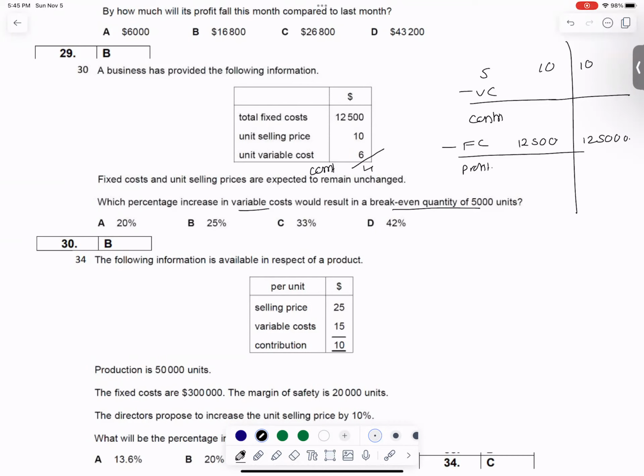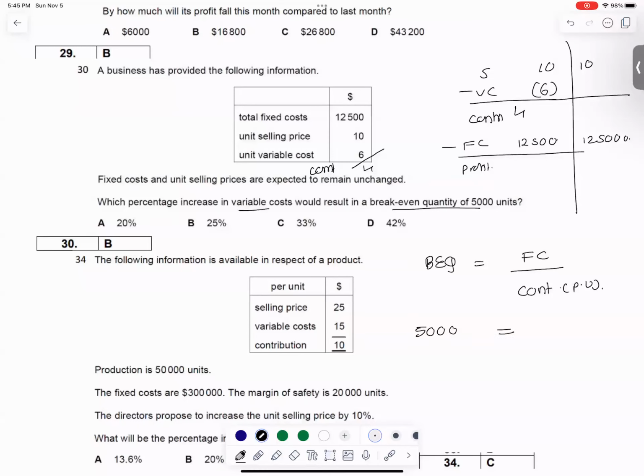So in the first scenario, your variable cost is 6, so your contribution is 4. Which percentage increase in variable cost would result in break-even quantity? Break-even quantity is fixed cost upon contribution per unit, right? In units. So you have break-even quantity as 5,000.